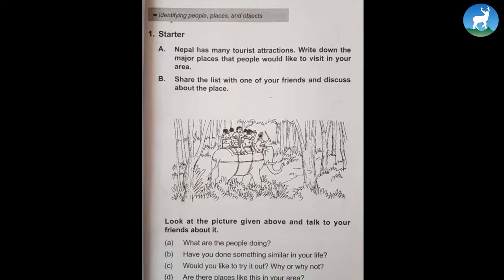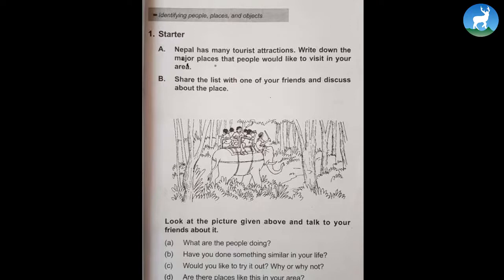So say it's identifying people, places and objects. As a starter, Nepal has many tourist attractions. Write down the major places that people would like to visit in your area. So wherever you live, in whichever part of Nepal you are living right now, is the place where you're living one of the tourist attractions?